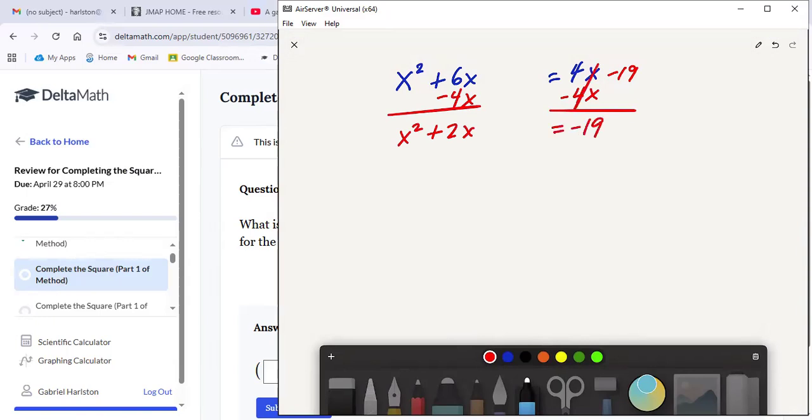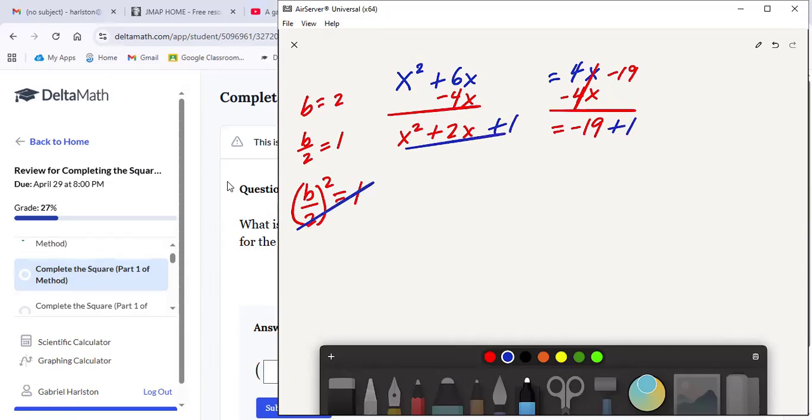Now, all we're going to do is find the b, which is 2, half of b, which is 1, and then square it. So this is going to be a positive 1. We're going to add a positive 1 to both sides. That part is done.